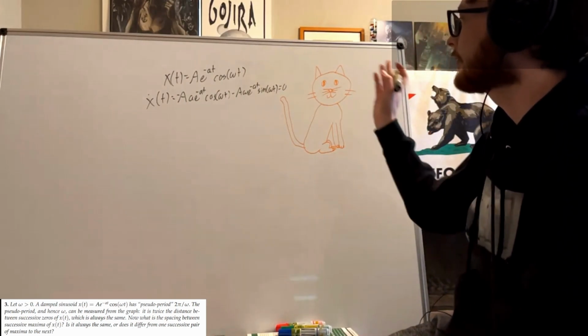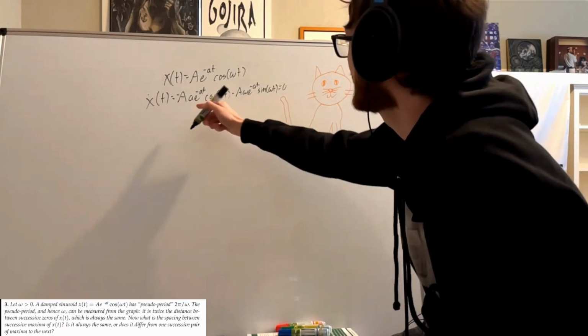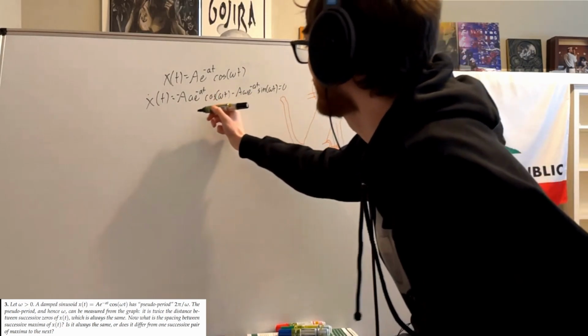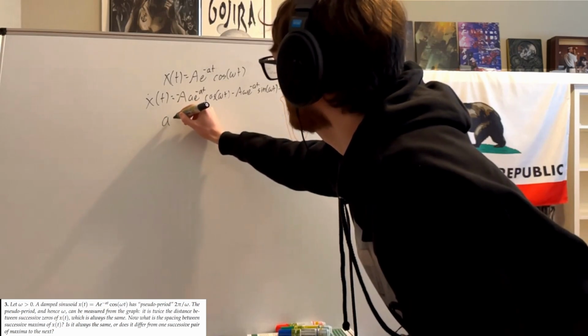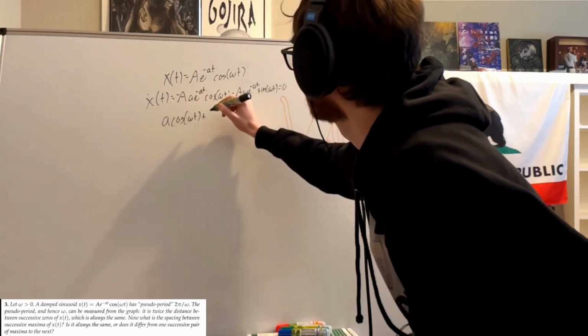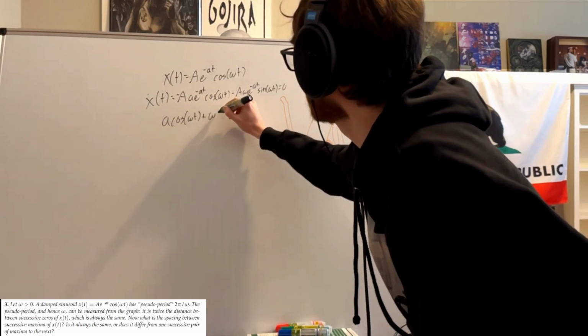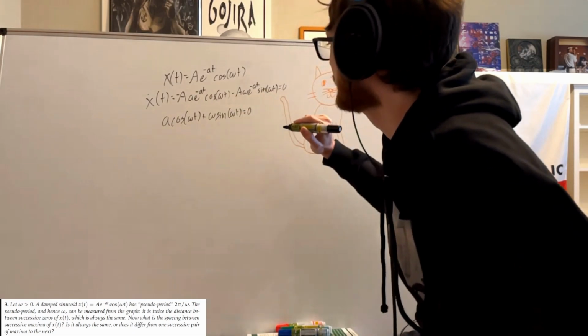So the a's can cancel out, the negatives can cancel out. E to the minus at is never 0. So it must be that a cosine omega t plus omega sine omega t is equal to 0.